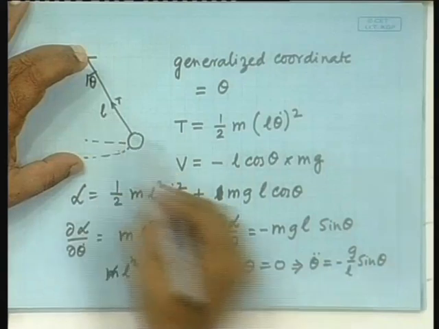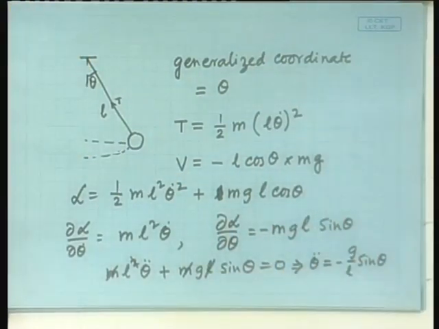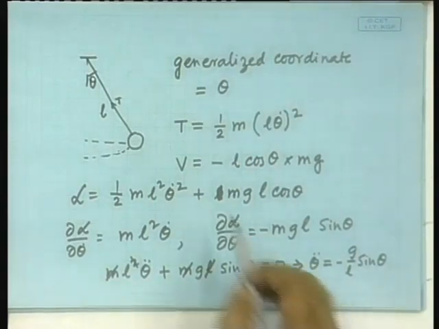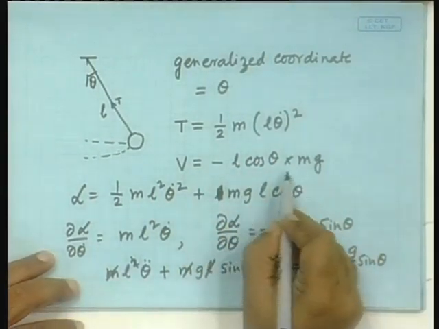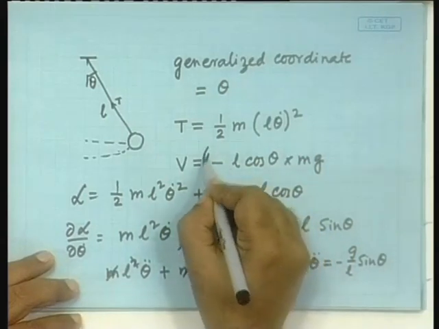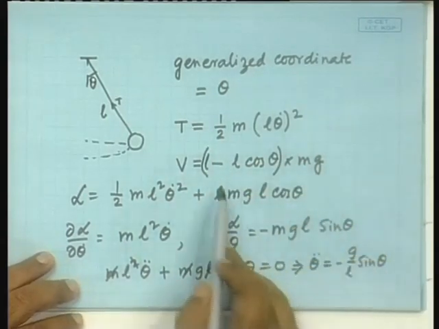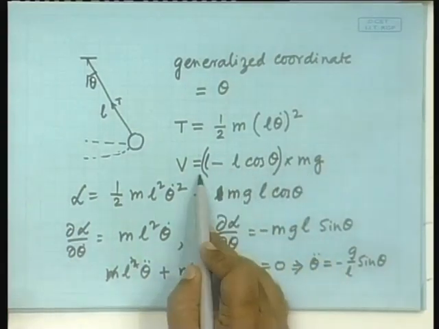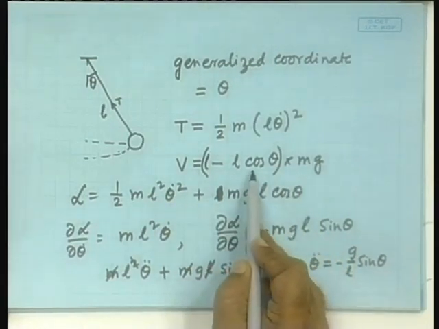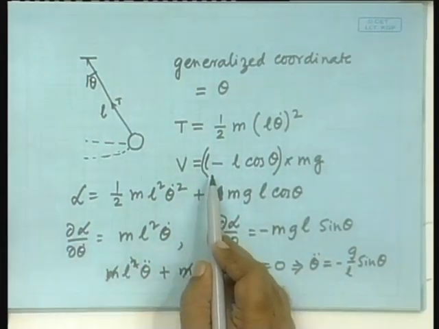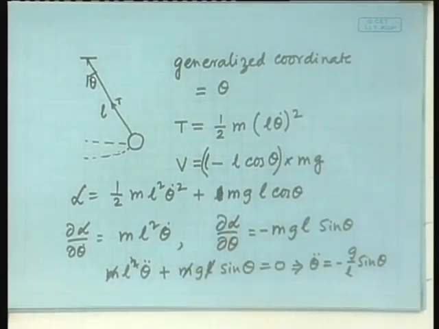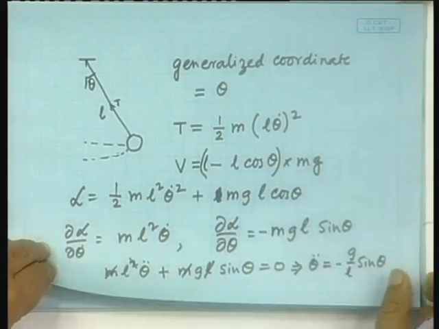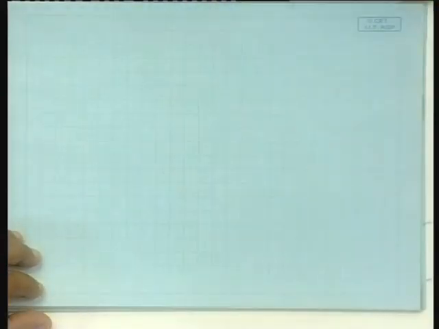L minus this. Do that, no problem, L minus L cos theta, this whole thing times mg. You would notice that this will have two components, one a constant component mgl, minus mgl cos theta. When you take the derivative, this fixed term vanishes, and therefore that does not appear. So, it does not really matter where you take the datum. Is that clear? So, that is up to you, wherever you want you can take. Fine.